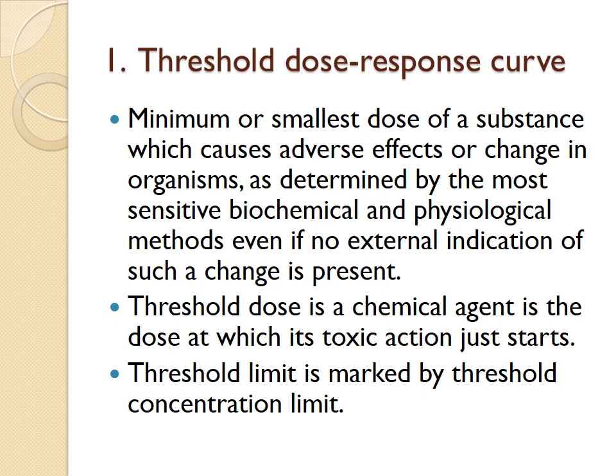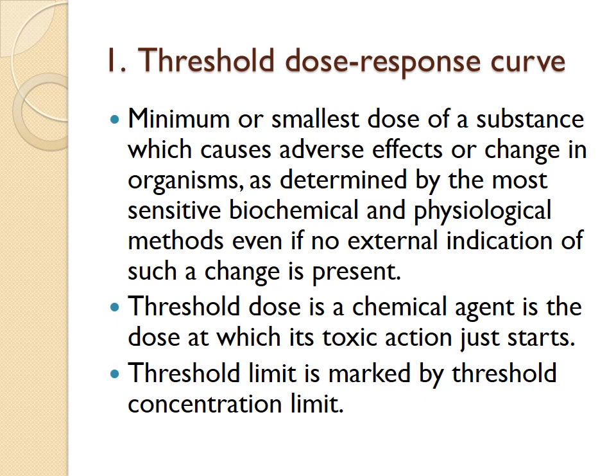It is the minimum or smallest dose of a substance which causes an adverse effect or change in organisms as determined by the most sensitive biochemical and physiological methods, even if no external indication of such a change is present. Means to say, some chemicals are so dangerous that they might not show external symptoms, but they internally damage the organs or the body in an adverse way.